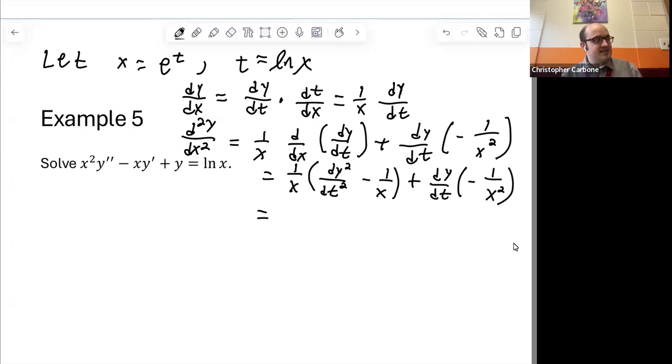And that's going to simplify down to be 1 over x squared times the second derivative of y with respect to t minus dy over dt.